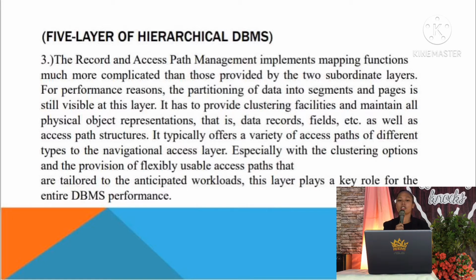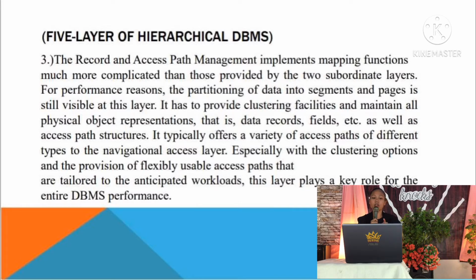It typically offers a variety of access paths of different types to the navigational access layer, especially with the clustering options and the provision of flexibly usable access paths that are tailored to the anticipated workloads. This layer plays a key role for the entire DBMS performance.